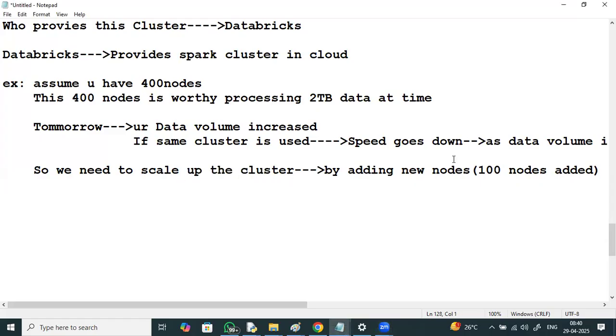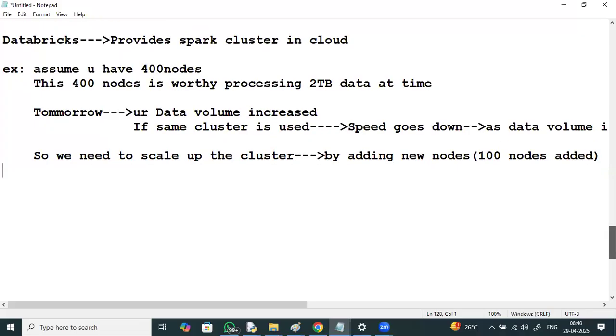So we need to scale up the cluster by adding new nodes. Think that 100 nodes are added.